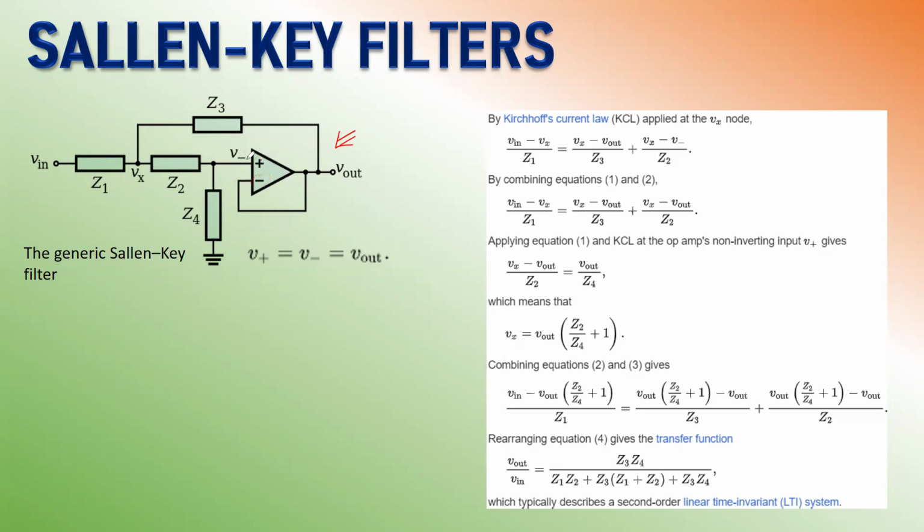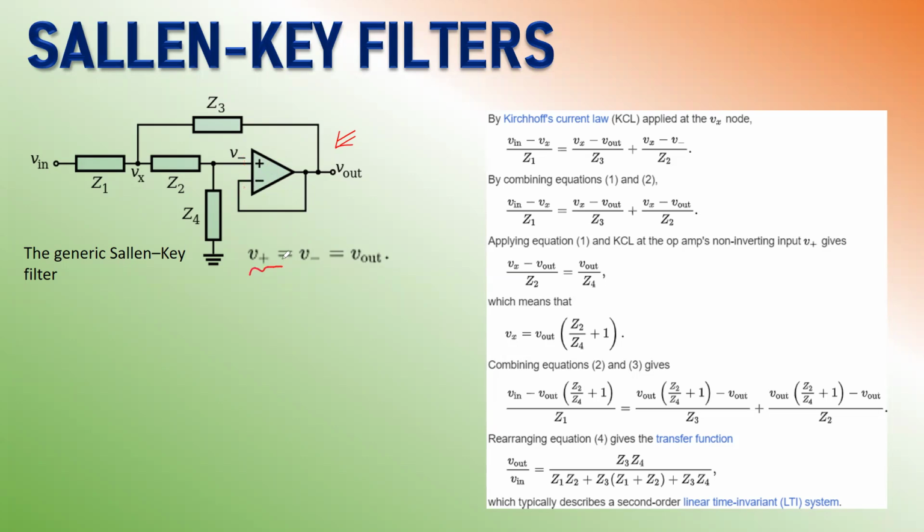The potential at the positive pin is V minus, and the potential at the negative pin is also V minus, right? Why? Because the gain is assumed to be extremely high, so these two potentials should be the same.